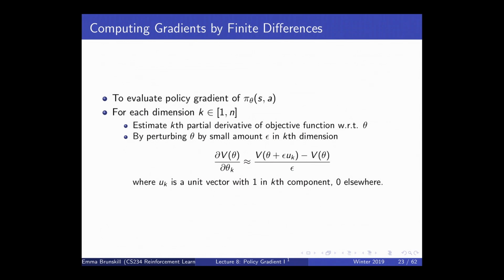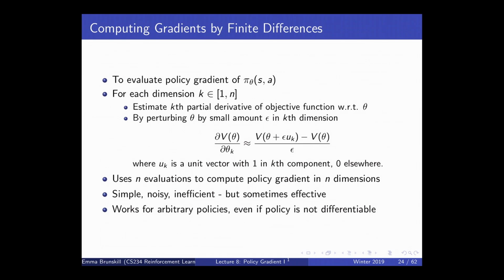So the simplest thing to do here is finite differences. For each of your policy parameters, you perturb it a little bit. If you do that for every single one of the dimensions that define your policy parameters, you get a finite differences estimate of the gradient.